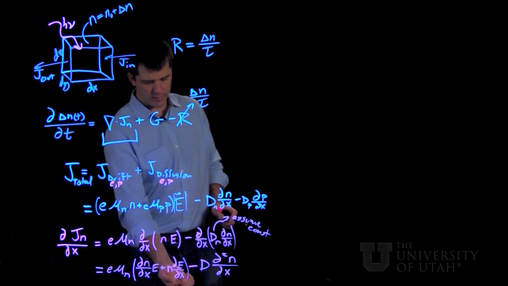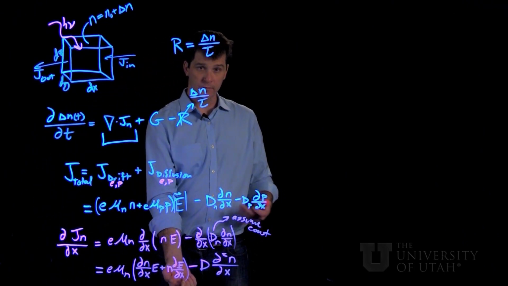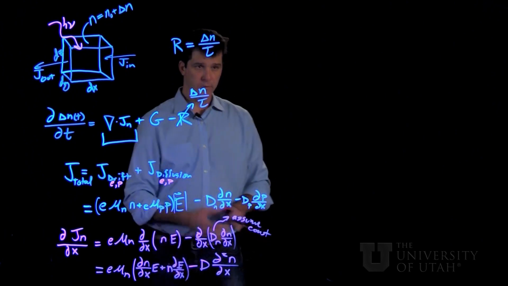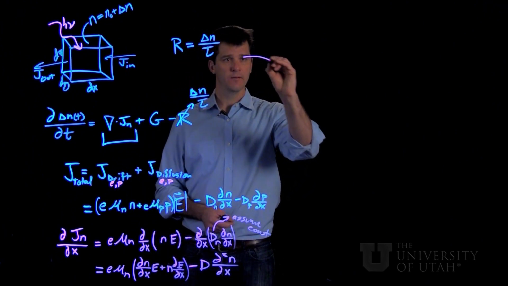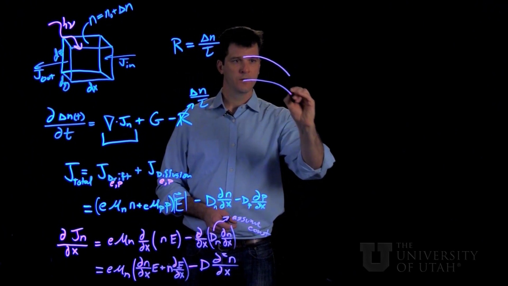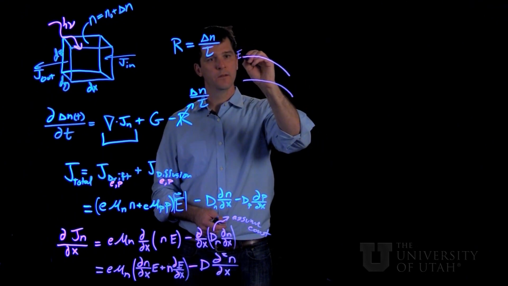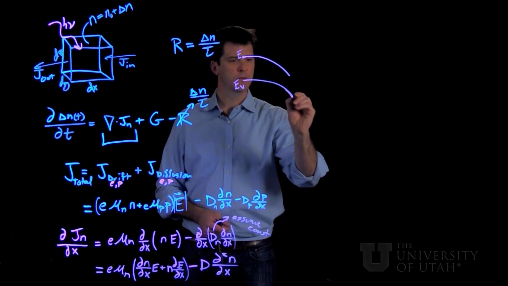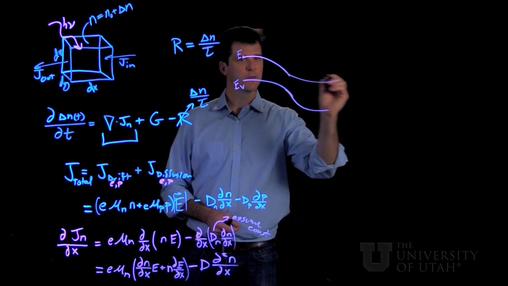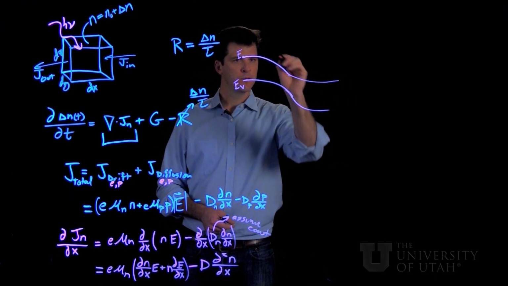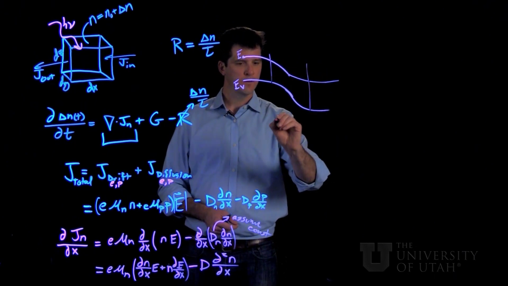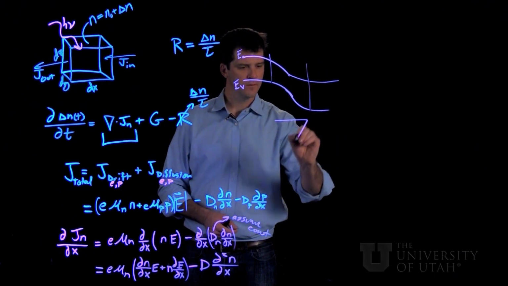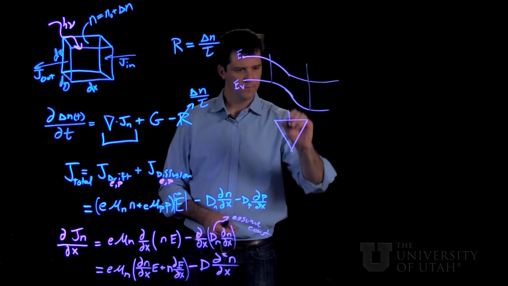So in regions where the electric field is changing versus distance, for example, in a p-n junction, if we have band bending here, so if this is our E, EC, EV, and the bands look something like this, in this region here, the depletion width, our E field actually changes versus distance.